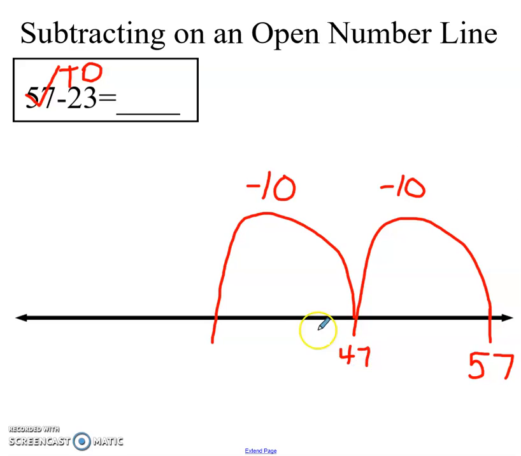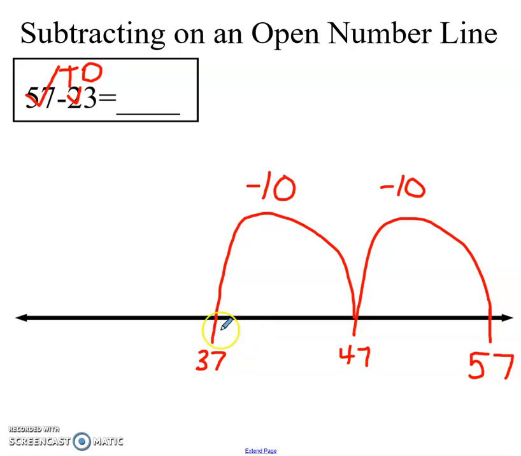What is 47 minus 10? 37. All right. So now I'm done with my 20 because 10 and 10 is 20.